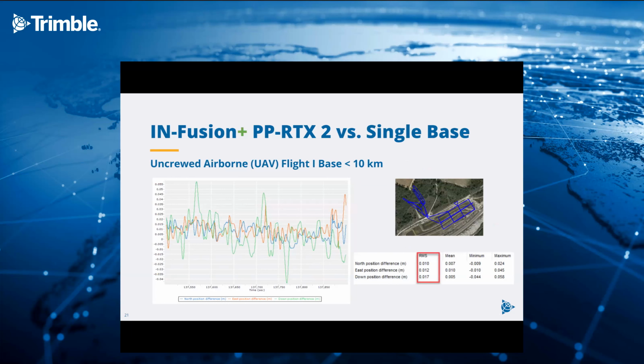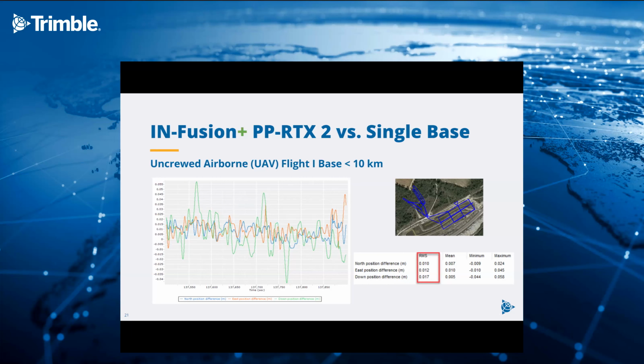Now let's go through some examples of the different business lines or the different applications. So let's start with an example of an uncrewed airborne flight where the base station is closer than 10 kilometers away. And what we did here is we compared the PP-RTX2 processing versus single base processing. On the lower left side, you can see the graph in the northeast down components, plotting the error over GPS time.